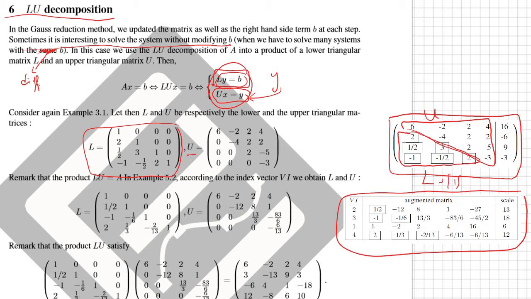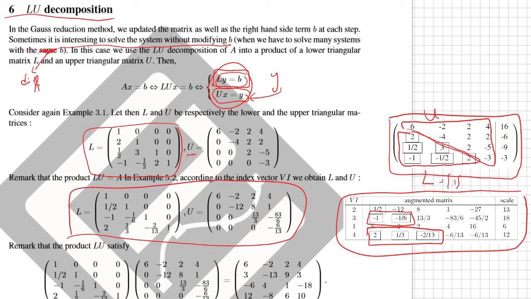So this one will be the fourth row, this one will be the third row, and so on. I will obtain these two matrices, and I notice that if I multiply L by U, I will not obtain A, the A that we had in this example, but a slightly modified version of A.